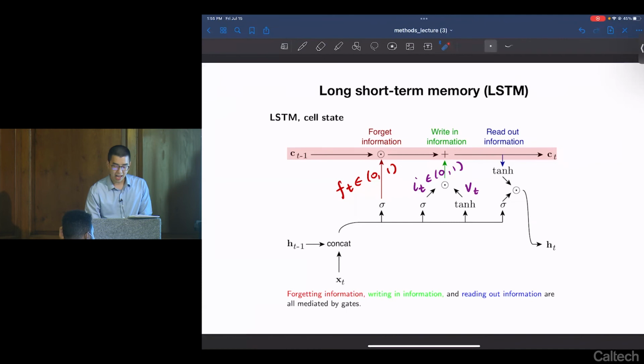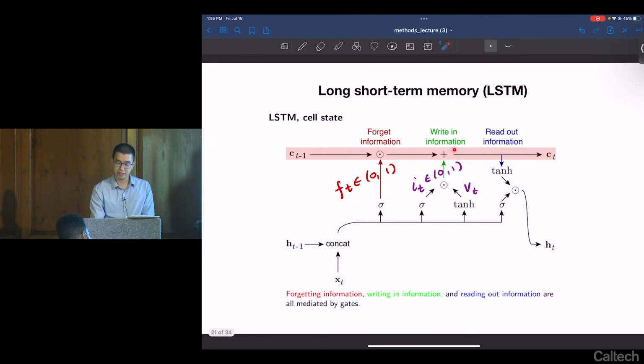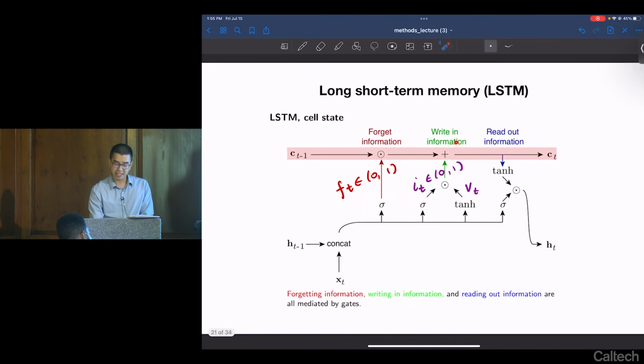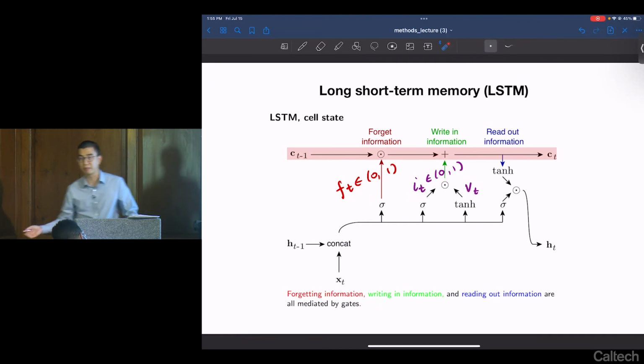All right, so at every single time step, the LSTM is going to compute some value to write in, and values are things that go through tanh. So it can go between -1 and 1. So it'll always calculate a candidate value to write into the cell state, but whether that value actually gets written in is going to be mediated by the input gate. So if the input gate is equal to 1, then you write in all the information, and if it's 0, you write in 0 information.